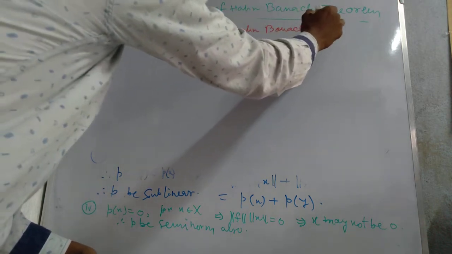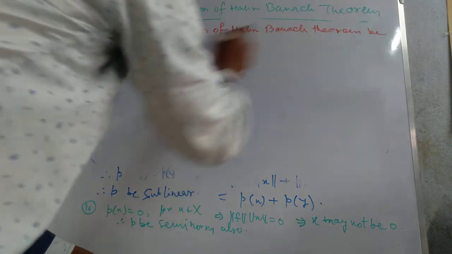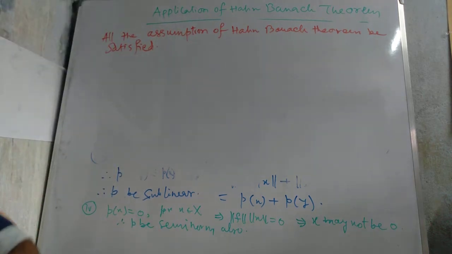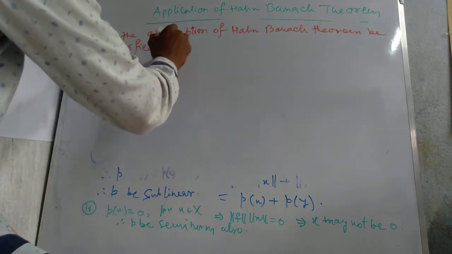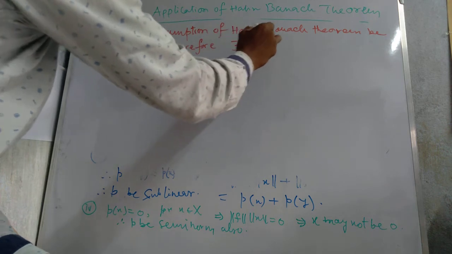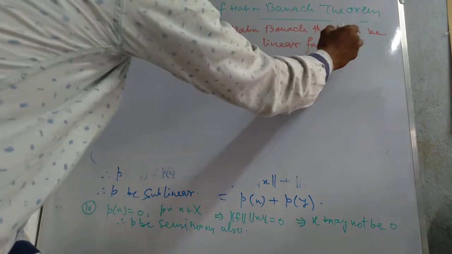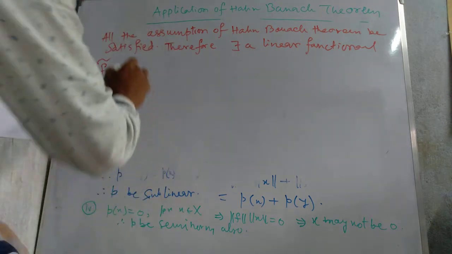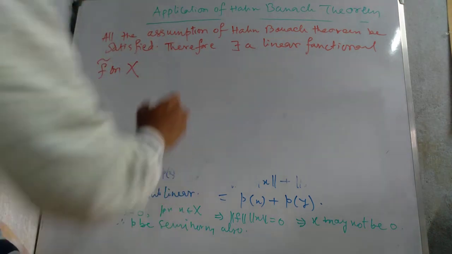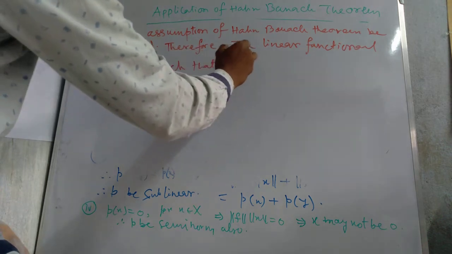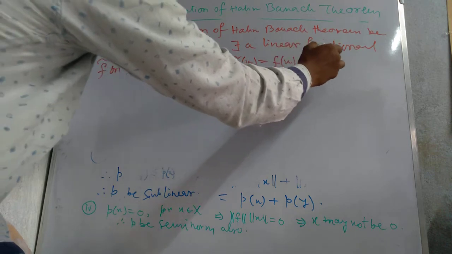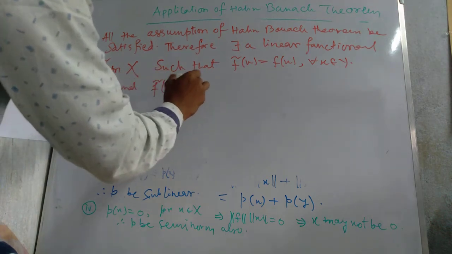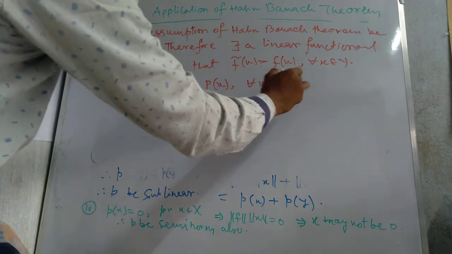Therefore there exists a linear functional f tilde, which extends this domain, on X, such that f tilde(x) equal to f(x) for all x belonging to Y, and f tilde(x) is less than or equal to p(x), this sublinear functional, for all x belonging to X.